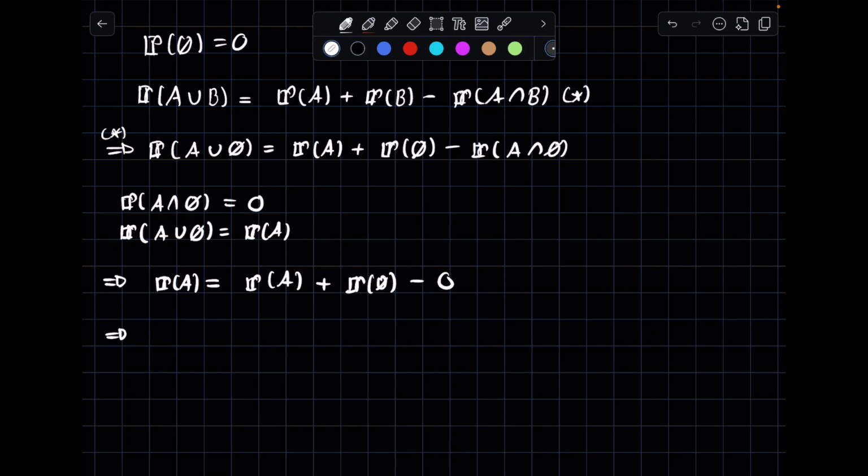Therefore, we can conclude that P of the empty set is going to be PA minus PA, and that is equal to 0. Therefore, this is equal to 0. And that's how you prove this one.